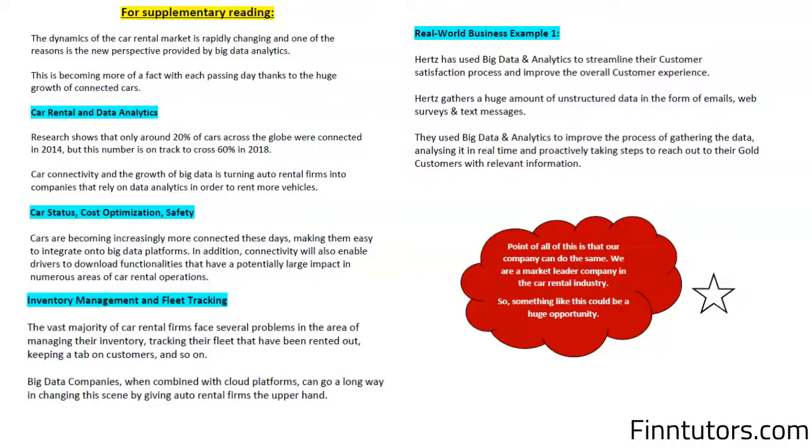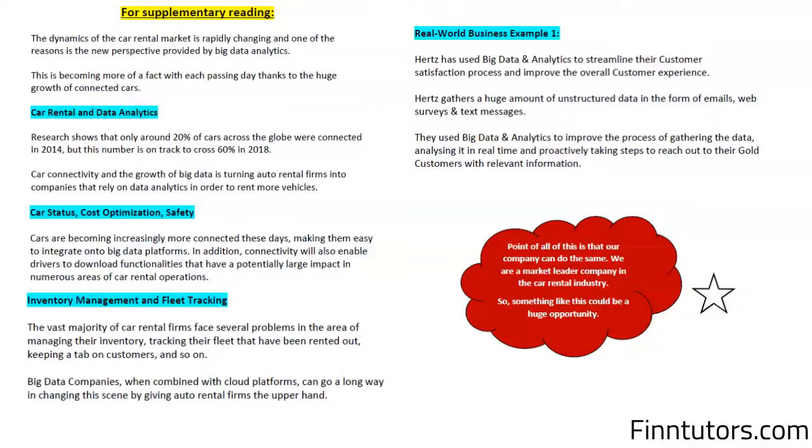Next, there is car status. Cars are becoming increasingly more connected, making them easy to integrate into big data platforms. In addition, connectivity will also enable drivers to download functionalities that have a potentially large impact in numerous areas of car rental operations. Same way, big data helps you with inventory management and fleet tracking.